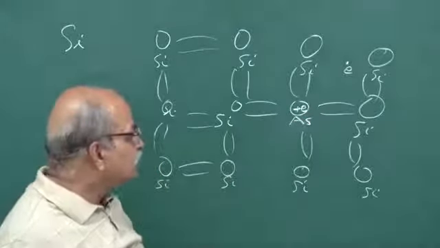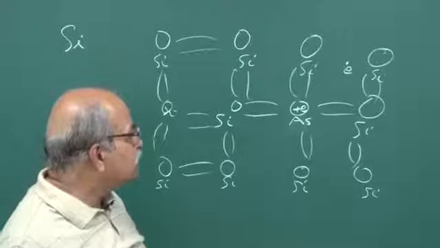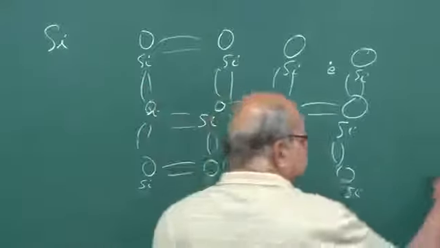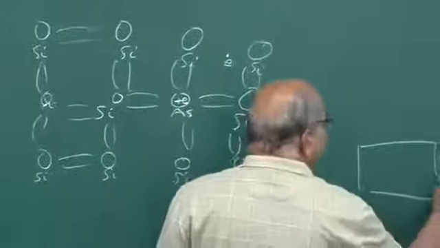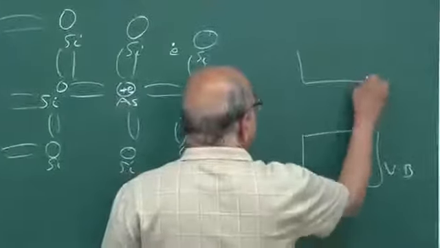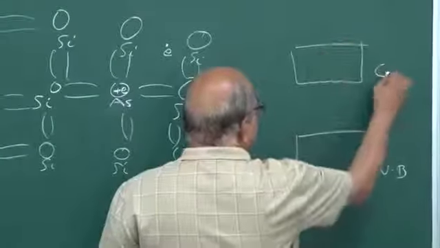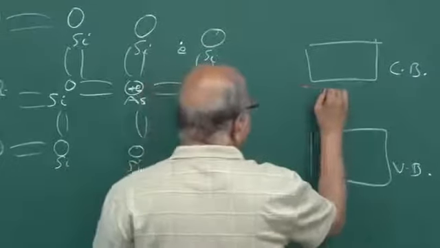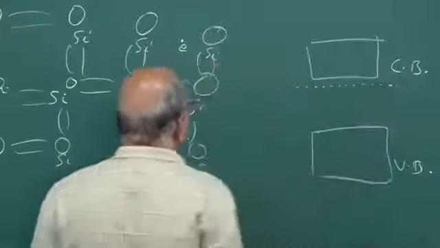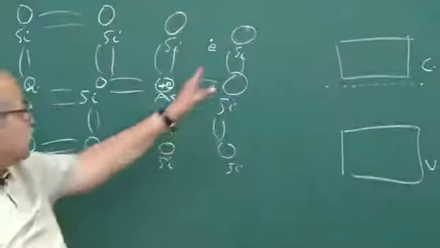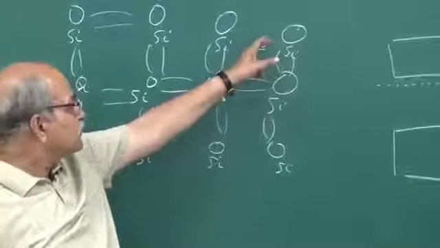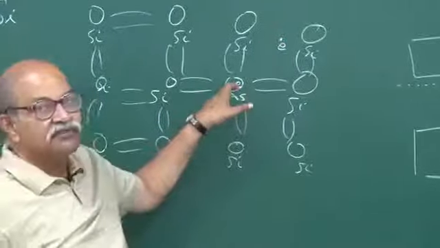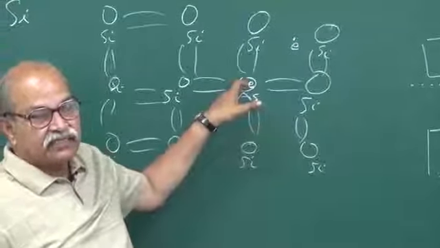And this introduces new energy levels in that valence band and conduction band diagram. We said that new energy levels, impurity levels, are introduced here. This impurity level is essentially the energy of this electron in the field of this plus e charge.